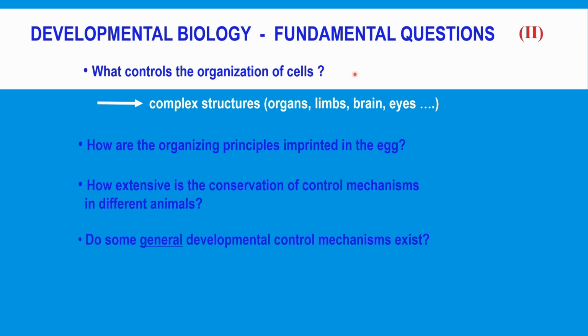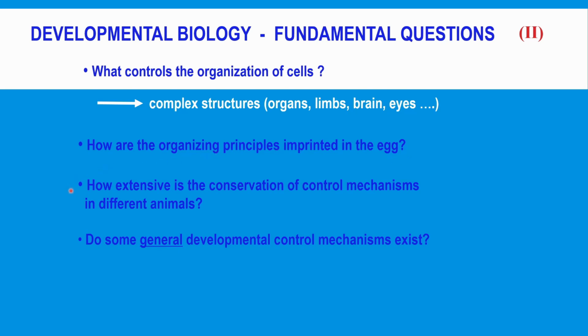This leads to a sub-question of what controls the organization of cells that generate these complex structures? For example, organs, limbs, the brain, eyes, very complex structures. What is controlling the organization of those cells? How are the organizing principles that will give rise to a full adult imprinted in the egg? How does the egg know what to do?